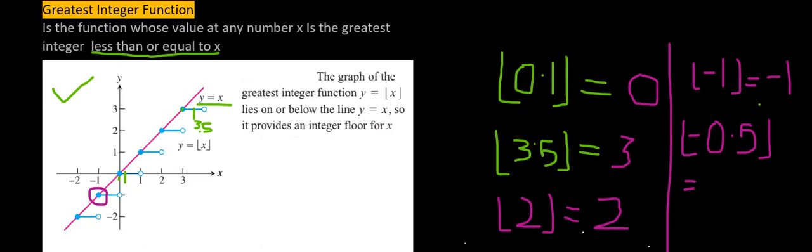You can see that minus 0.5 must have a greatest integer that is less than or equal to this value. So you can see that minus 1 is less than minus 0.5 that lies over here. So our greatest integer will be -1.